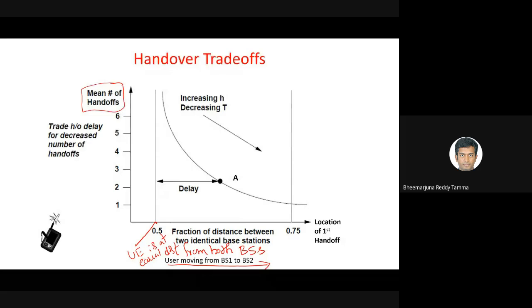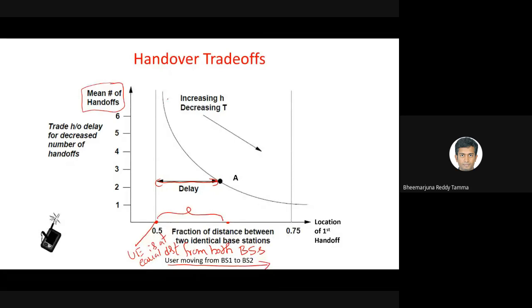And as you see here, we are showing the things with the handover delay. At 0.5, if you really know that the user is moving towards base station 2, you can trigger the handover. But in this case, we are delaying the handover to point A rather than doing it at this point. So this is the handover delay. And see the effect of handover delay on the average number of handovers.